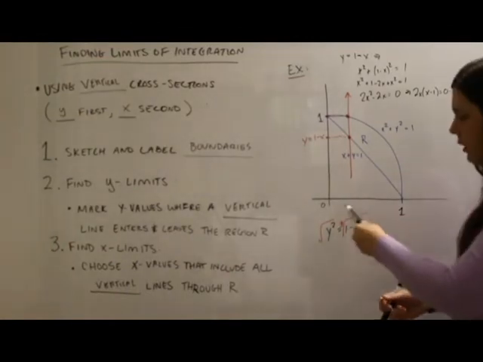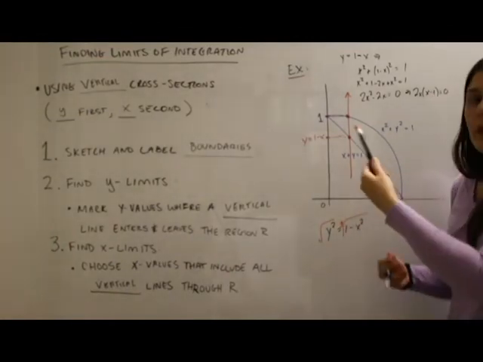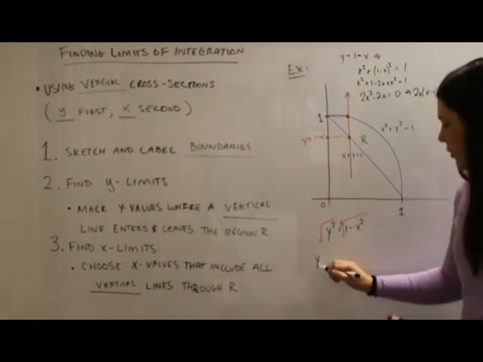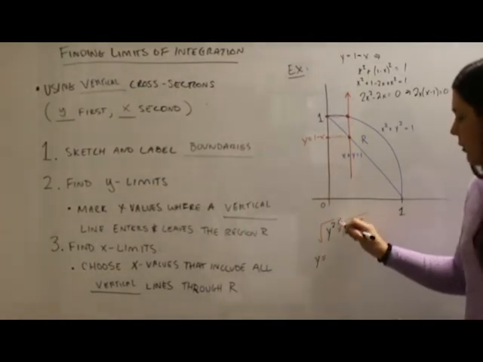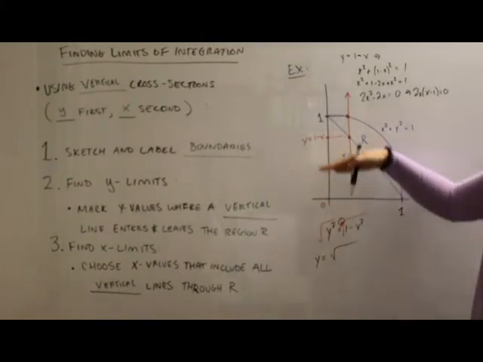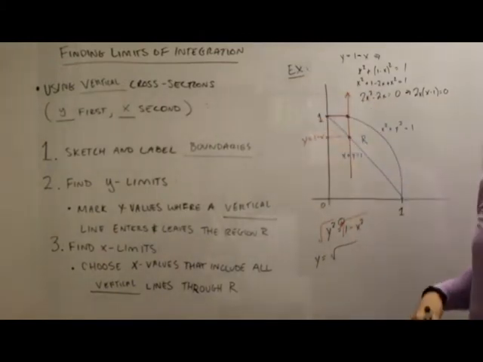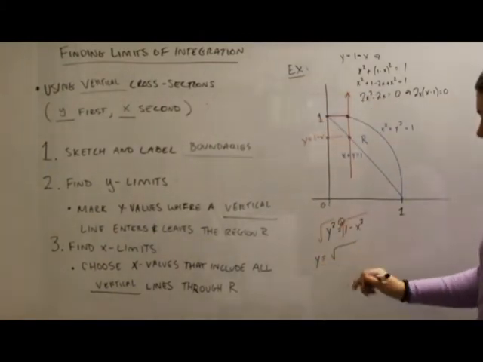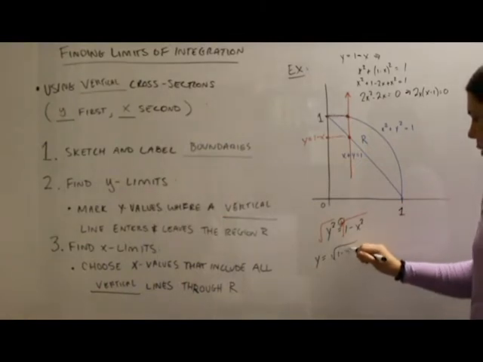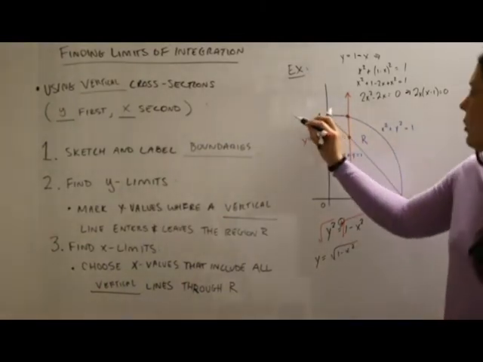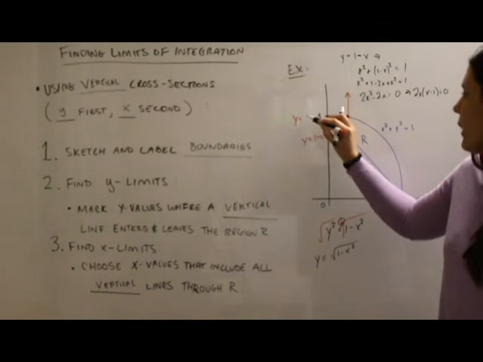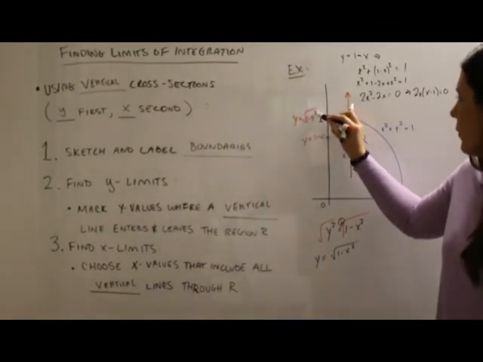And then you just pick the sign depending on where you're at with your region. And so for us, y equals the positive square root, because we're up here. We're in the positive range for y. We're not underneath the x-axis. Positive square root of 1 minus x squared. So that's going to be where we leave our region. So y equals the square root of 1 minus x squared.